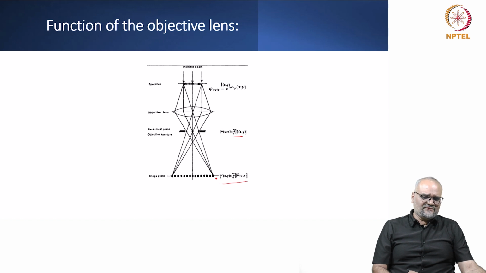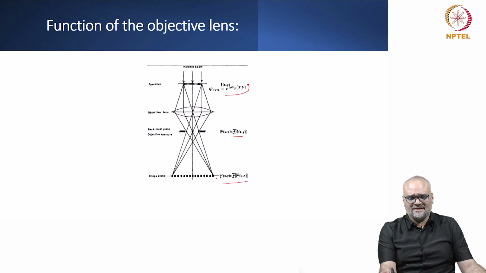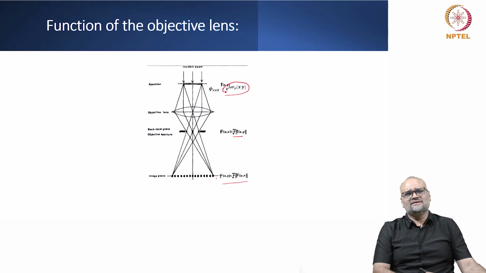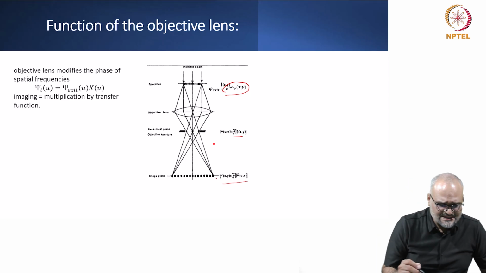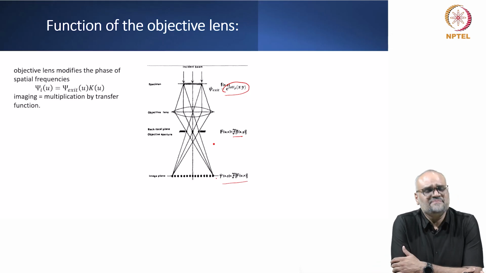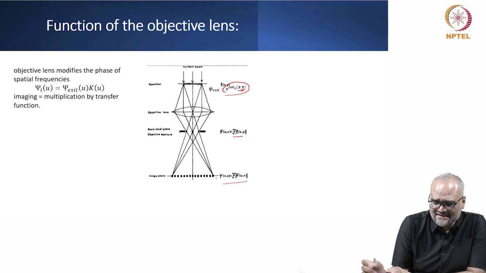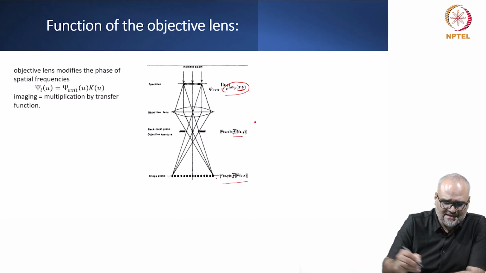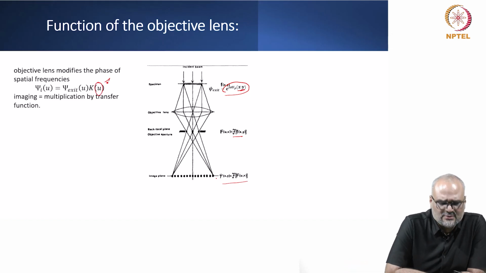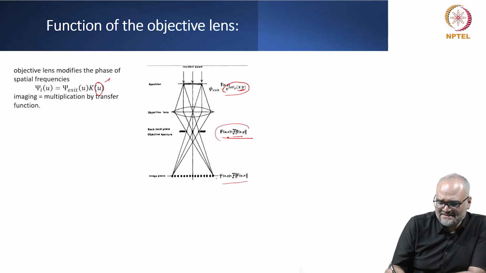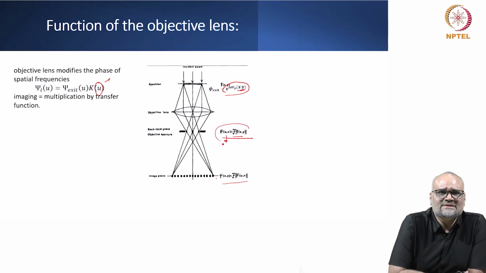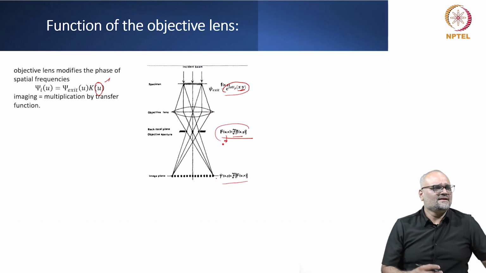So the exit wave, which is represented by this kind of a complex number, goes through the lens, and what is important to note is that the objective lens is modifying the phase of the spatial frequencies. The xy terms that I write here, I can write in terms of the frequency term u, and what I record at the back focal plane is in terms of the frequencies.